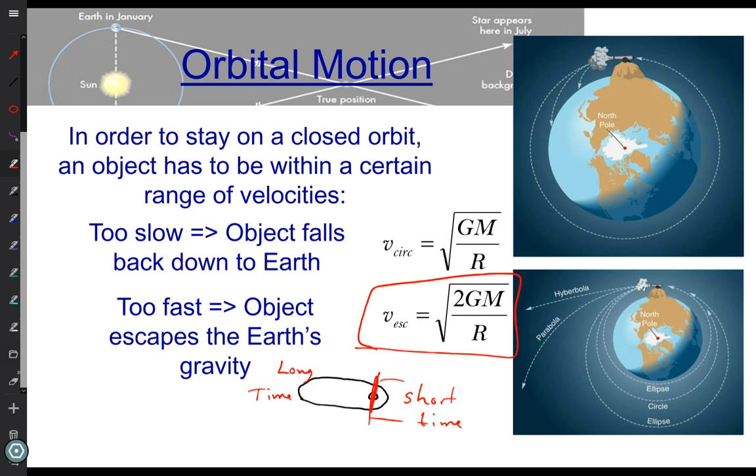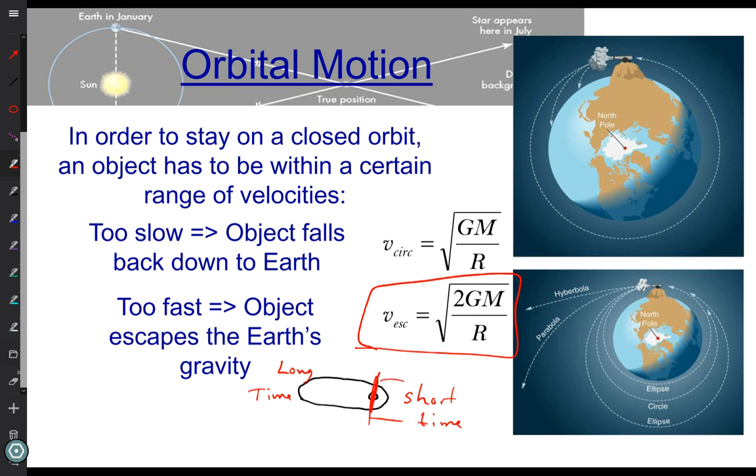Now, that's another important thing for lots of reasons. On the surface of the Earth, the escape velocity is 11.2 kilometers per second. What that's saying is if there was no atmosphere to slow things down, if I could project a ball at 11.2 kilometers per second, obviously very fast and undoable, it would fly away from the Earth and never come back.